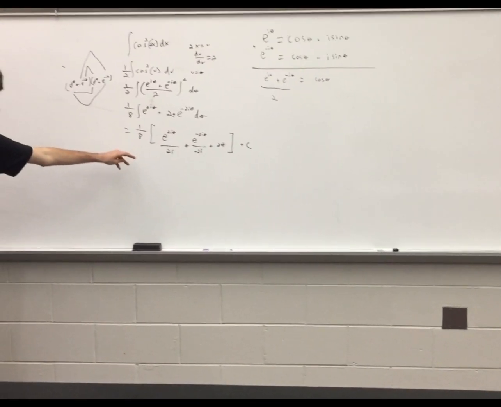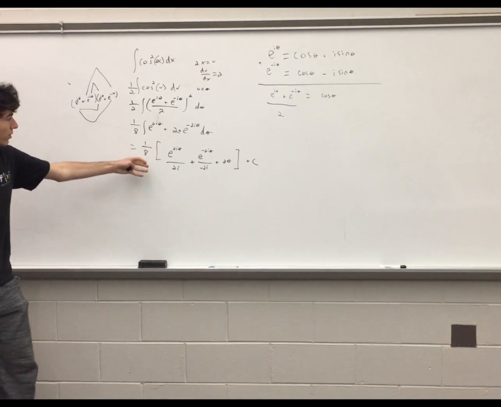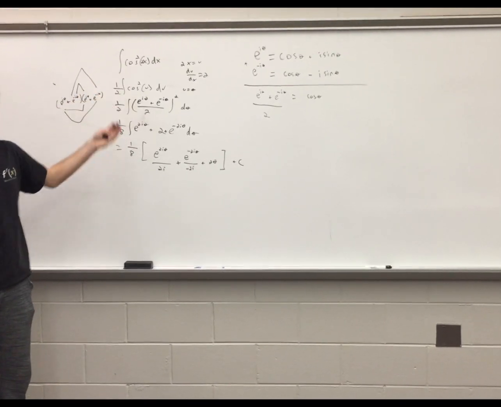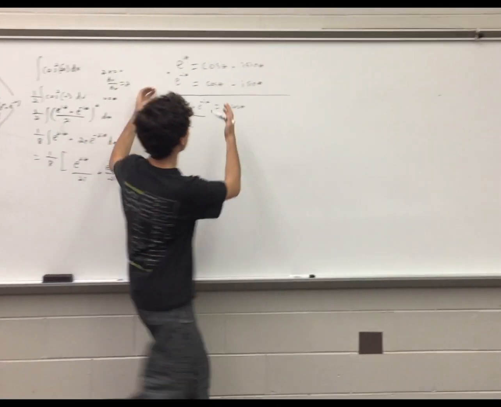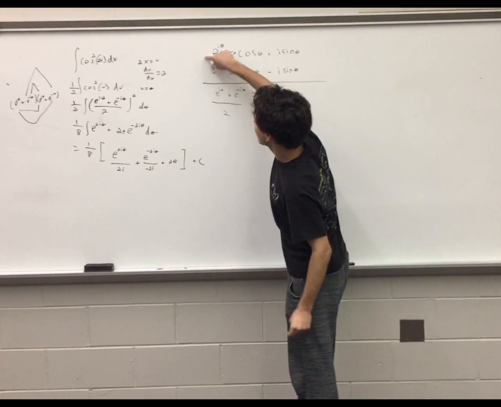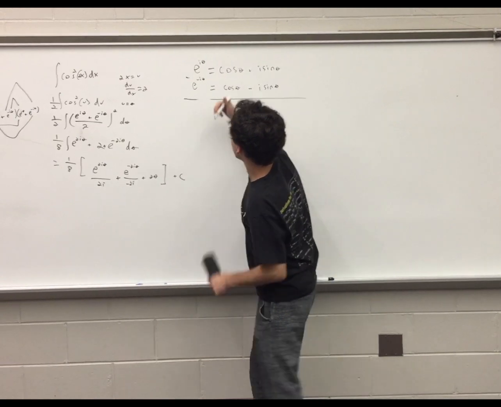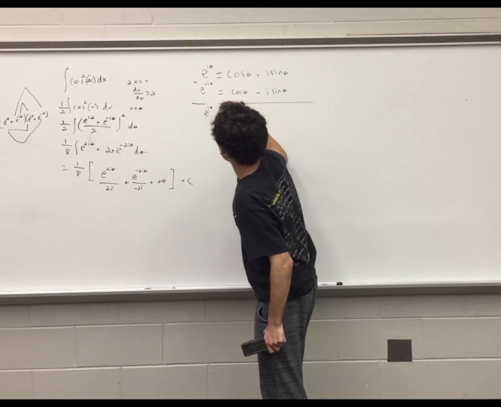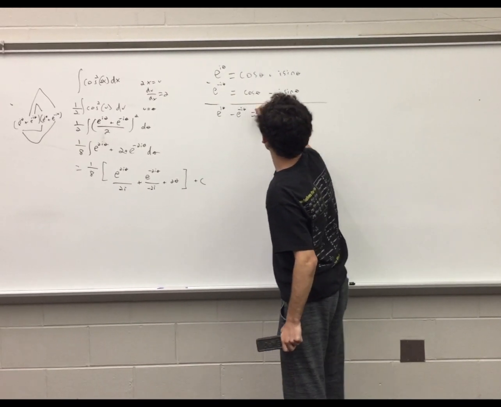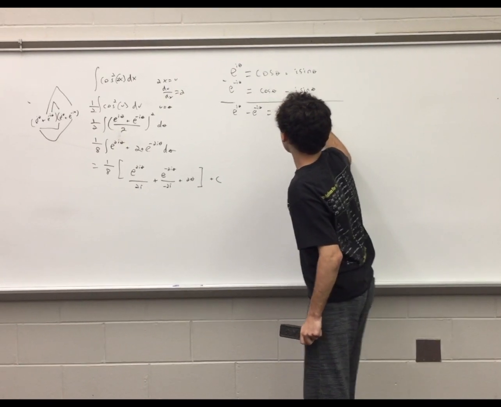Now that we have this, we need to think about how we can put this back in terms of our friends cosine and sine. So let's come back over here, and instead of adding these two equations, let's subtract them and see what happens. When we subtract, we get that e to the i theta minus e to the negative i theta is equal to 2i sine theta.